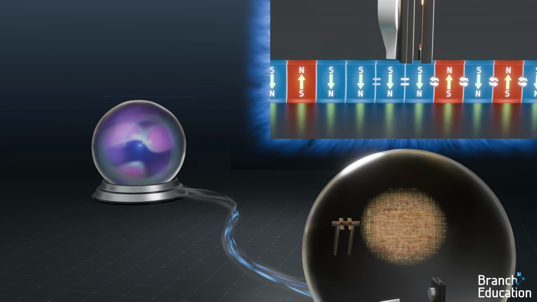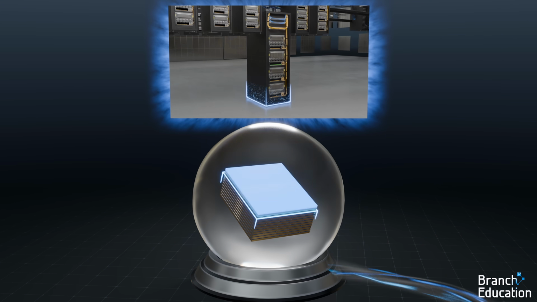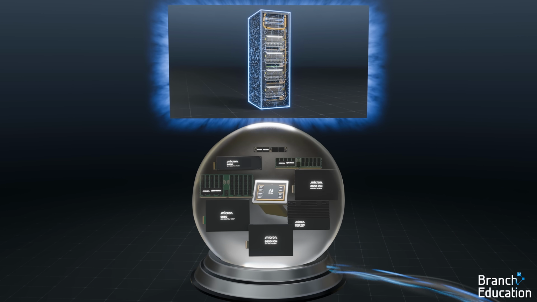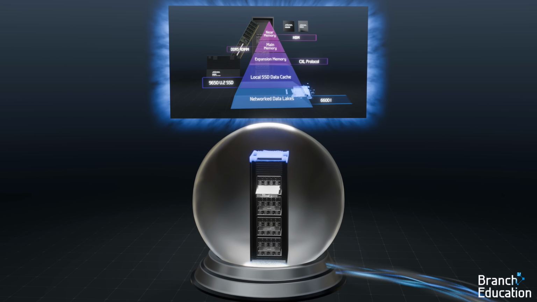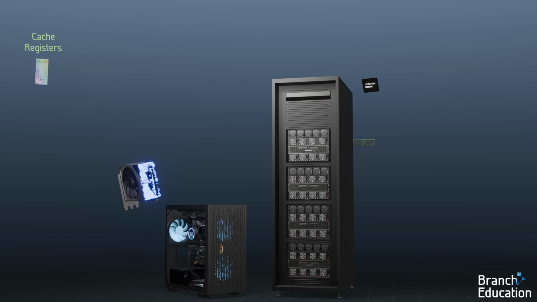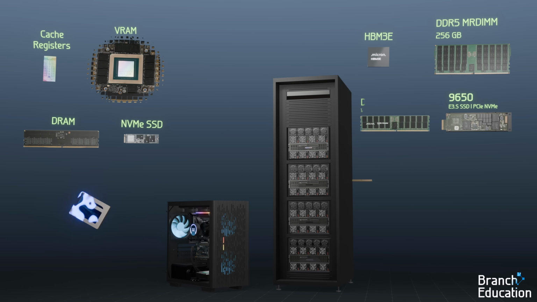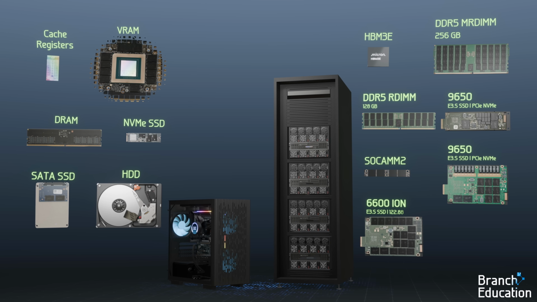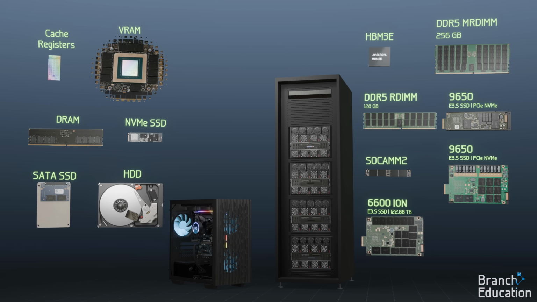And then third, we'll look into the cutting-edge memory and data storage systems used inside AI servers and data centers. Essentially, we'll explore every aspect of cache, memory, and storage inside desktop computers and AI servers and show you how it all works. So let's jump right in.